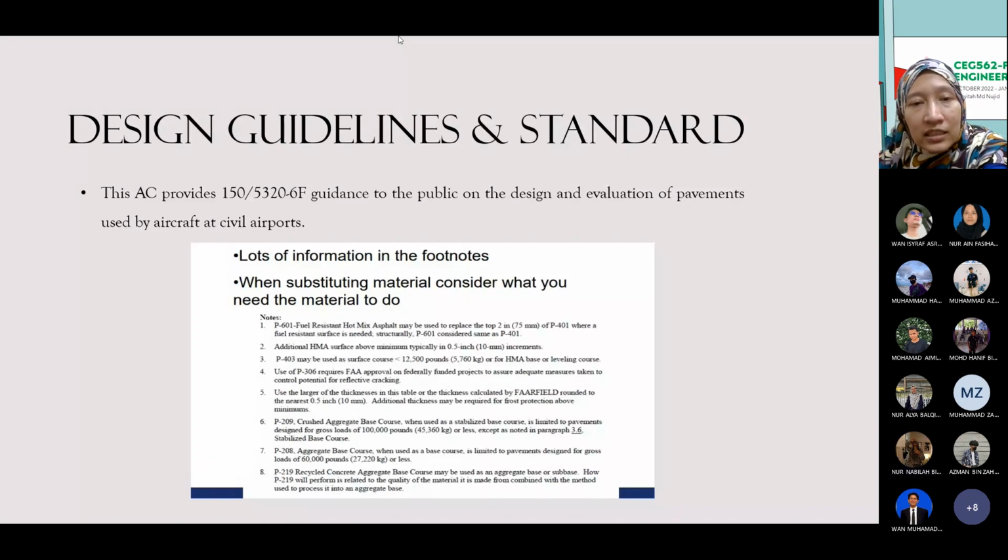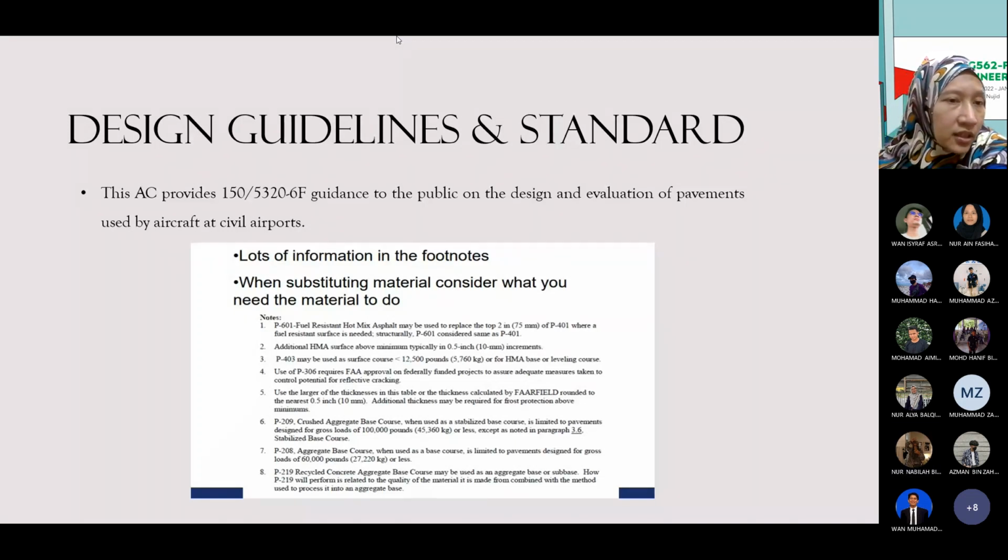Macam saya cakap lah sebab ada setengah artikel dia tak details kan sebab target paper tu bukan nak publish on the guidelines. So dia just nak propose the sustainability solution. So okay lah, you give the info iaitu aircraft civil airports.